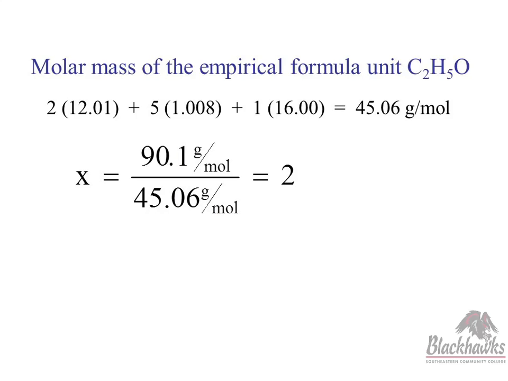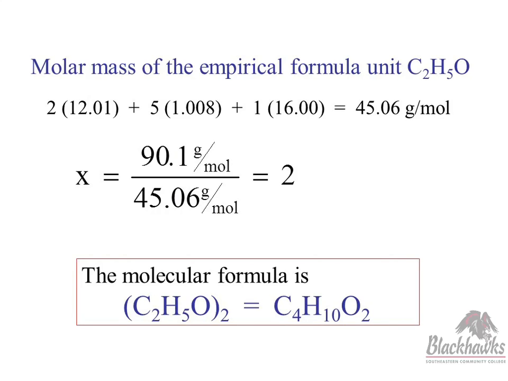So the scale-up factor is basically taking that empirical formula and multiplying each of the subscripts by 2. Even though the empirical formula is C2H5O, the molecular formula is C4H10O2.